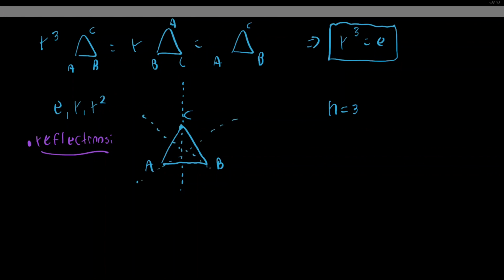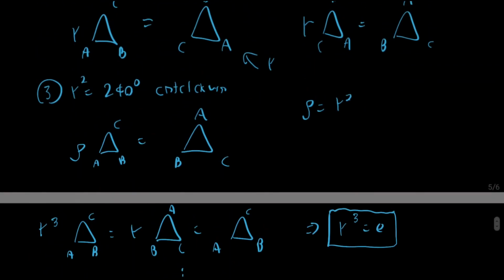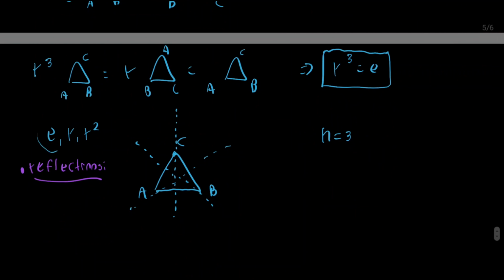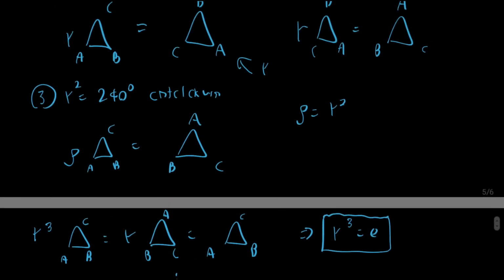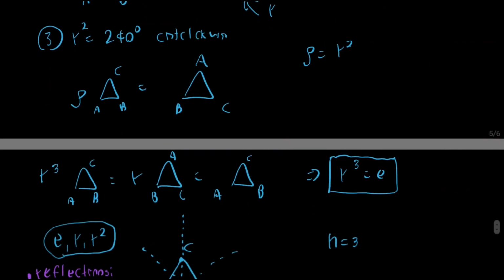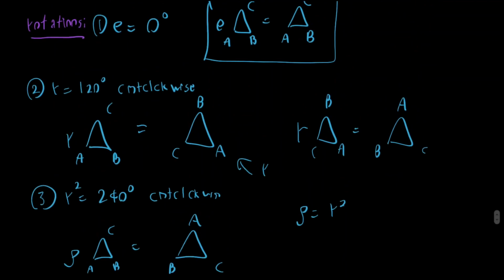So now all we have to check is that these reflections are not equal to one of these rotations that we obtained before, and they're not equal between each other, of course. We could actually deduce immediately that these reflections are not the same as rotations, because the rotations we obtained before, for example R or R squared, didn't fix any point.